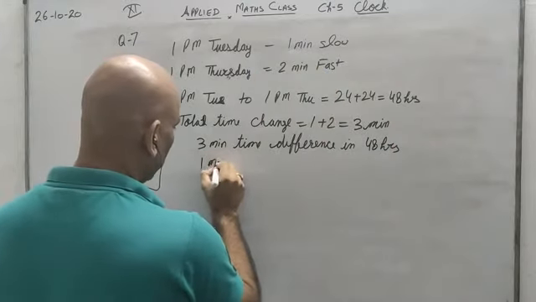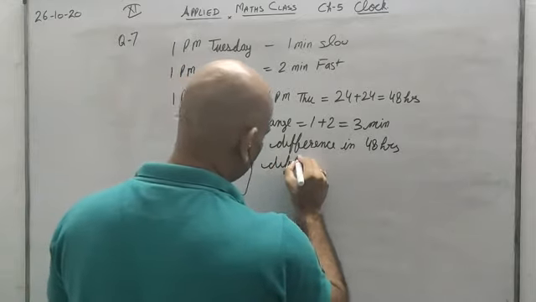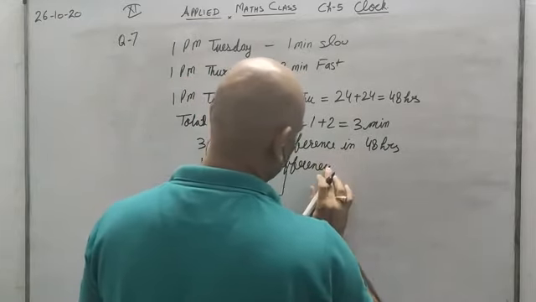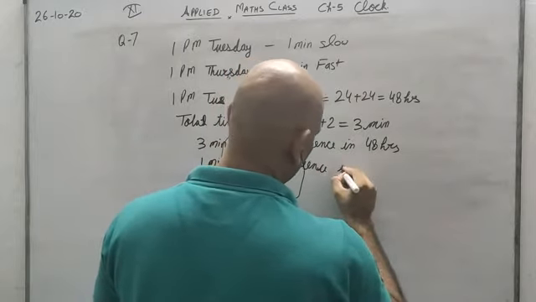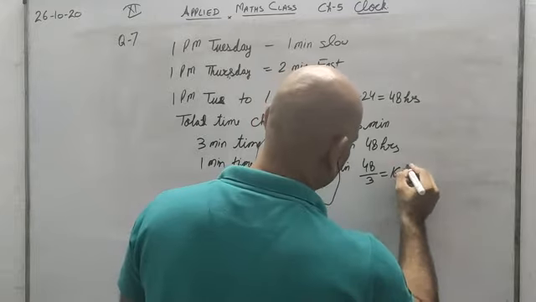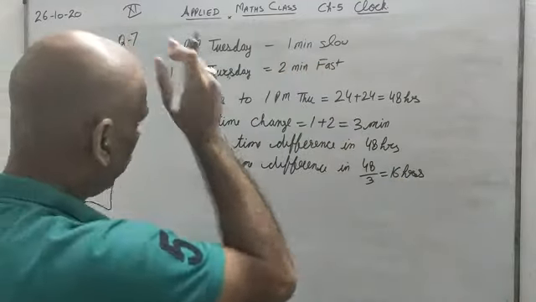So 1 minute time difference will be in 48 upon 3, 16 hours. 16 घंटे बाद the clock will be perfectly fine.